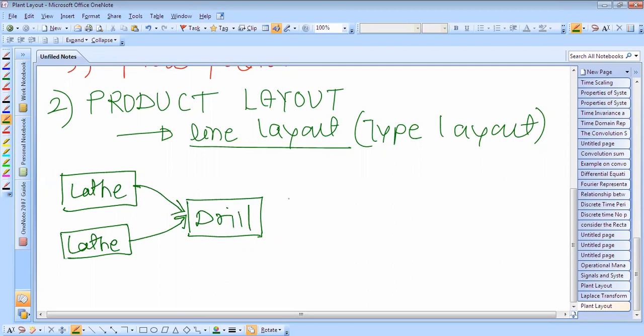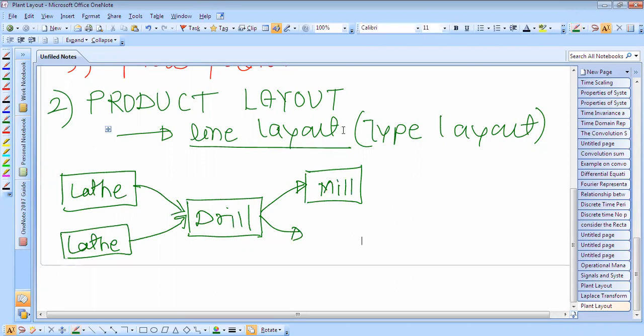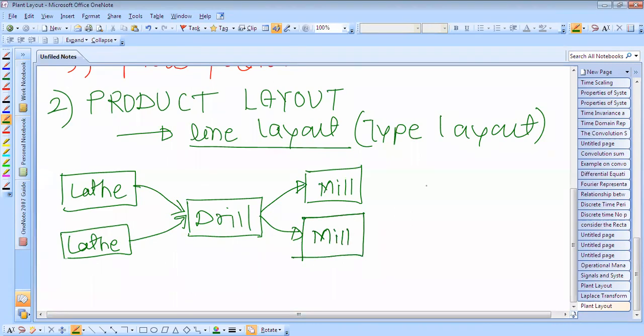After the drilling section, the semi-finished products again will be sent to the milling machine, that is the mill section. Then it is sent again to the drill section, and then it is sent to the grinder.